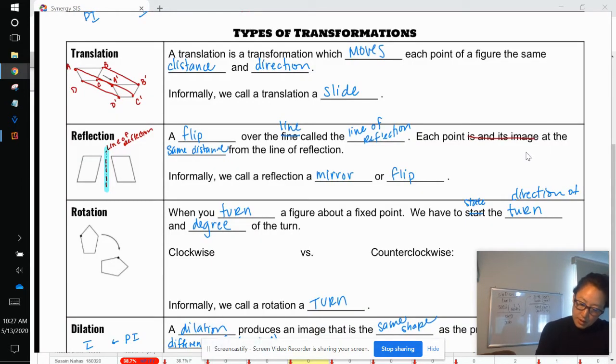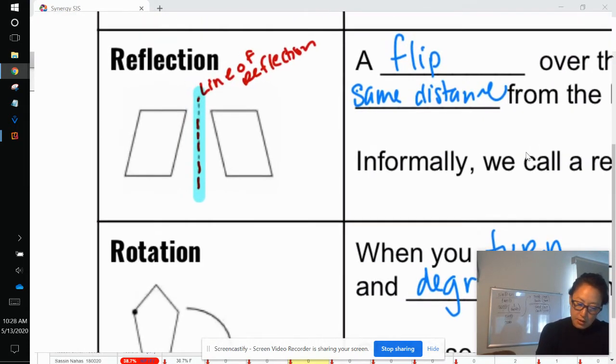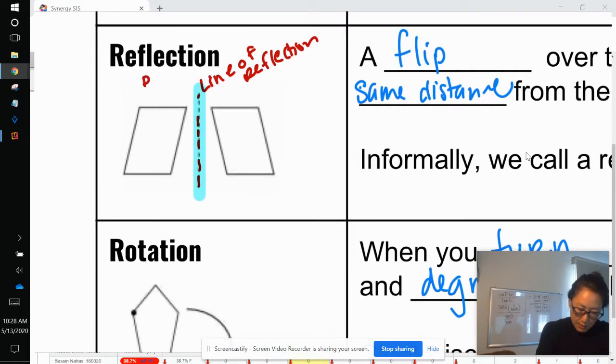Each point of the image and pre-image are the same distance from the line of reflection. We call this a mirror or a flip. So if I look at my shape, I'm going to call this my pre-image and my image.